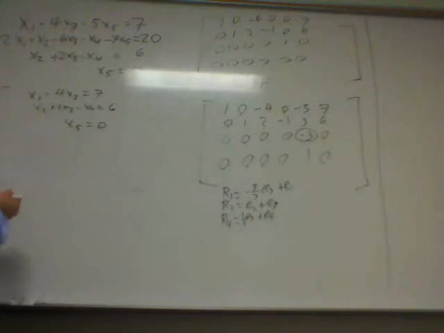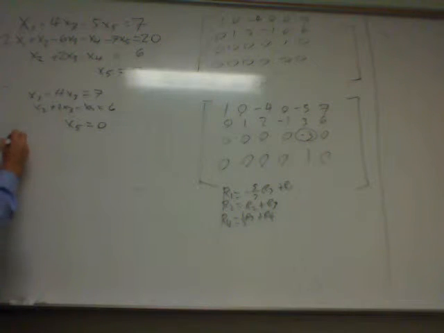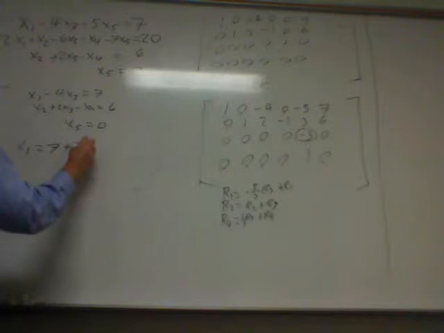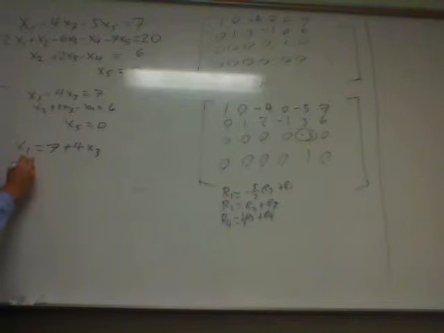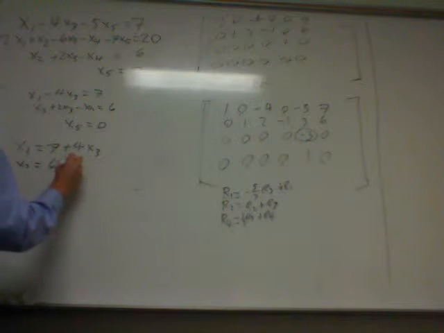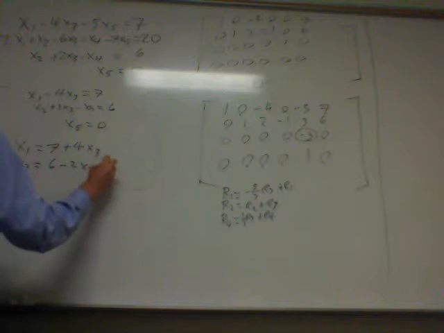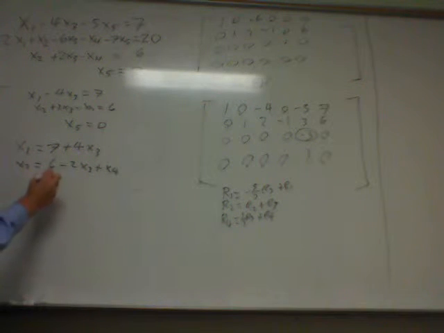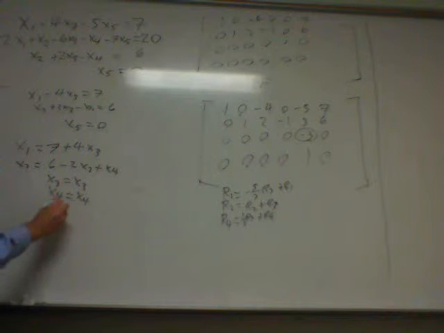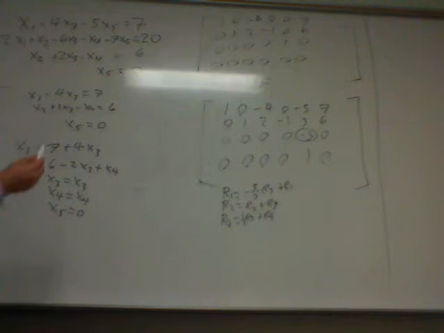So that will give us x1 equals 7 plus 4x3, x2 equals 6 minus 2x3 plus x4, x3 equals x3, x4 equals x4, and x5 equals 0. So now we have it in terms of x3 and x4.